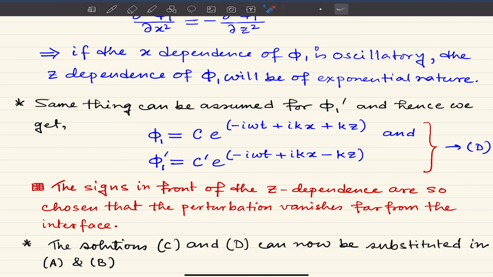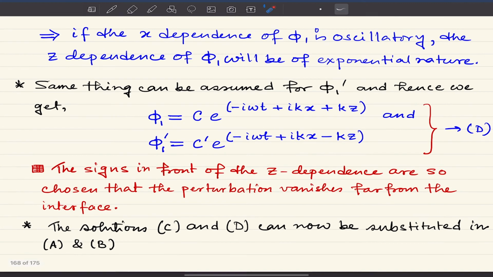For phi 1, this is the fluid below, so it deals with negative z values. So when z is very large, this term will tend to 0. For phi 1 prime, it deals with positive values of z, so it has a minus sign, and when z is very large, that z dependence will vanish. So that is the justification.